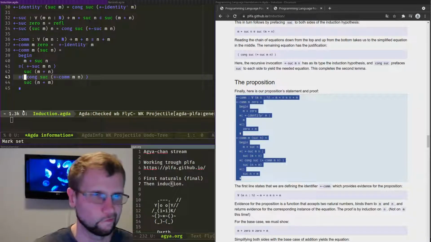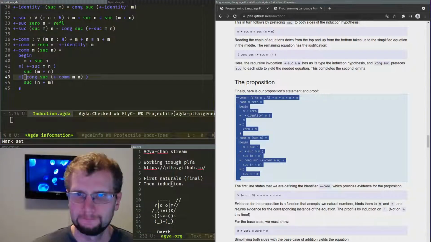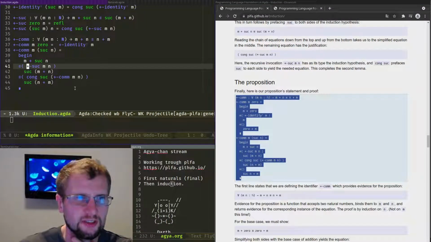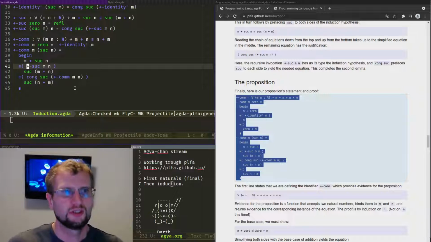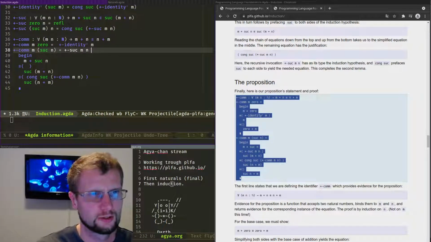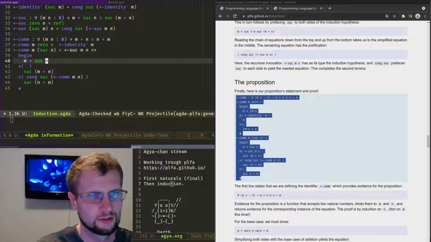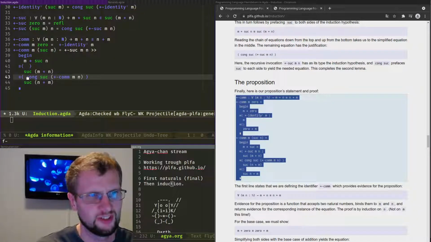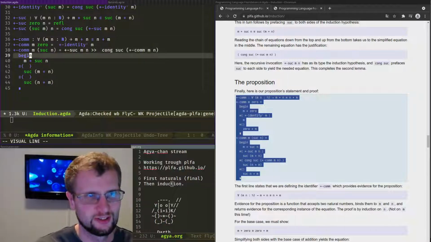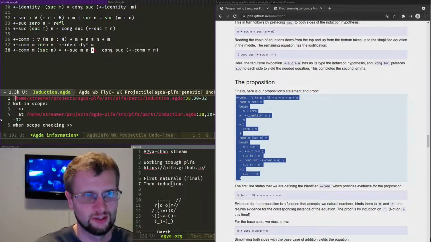So, I don't know. m plus suc. These two bindings, they don't look like two. We could try. I mean, it's worth a try, right? I mean, this is not going to work. This is so not going to work. That's not how this works. Yeah, you don't know about that.